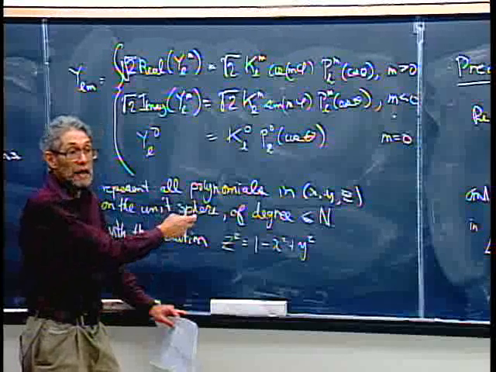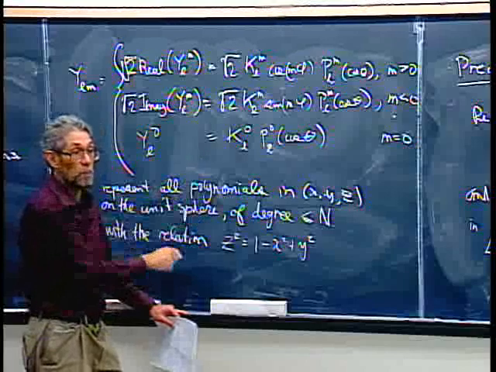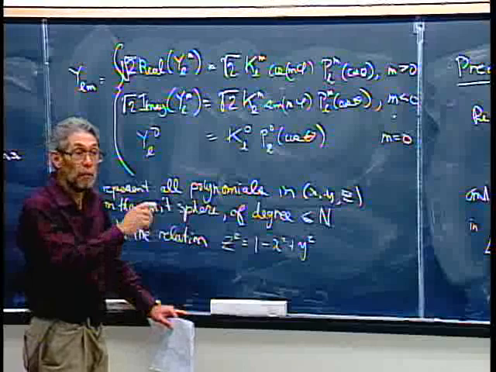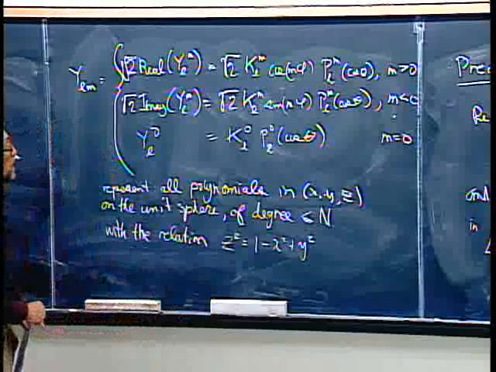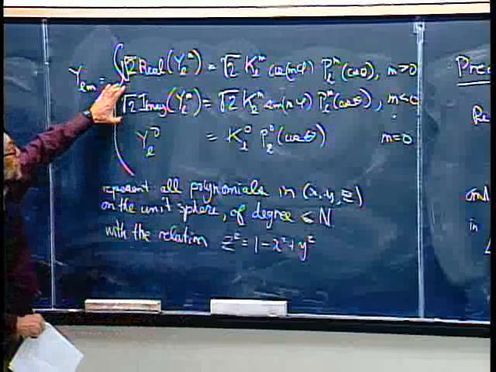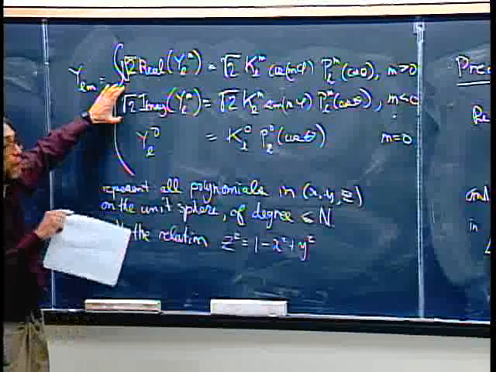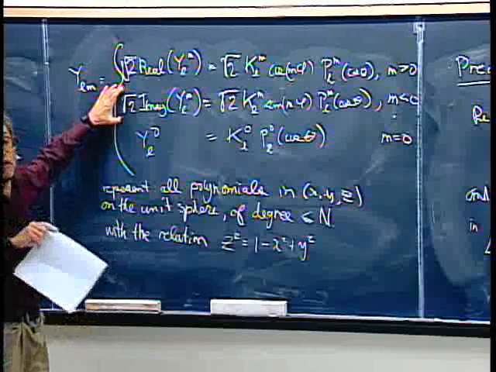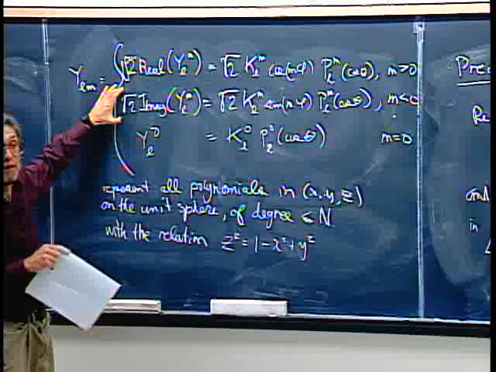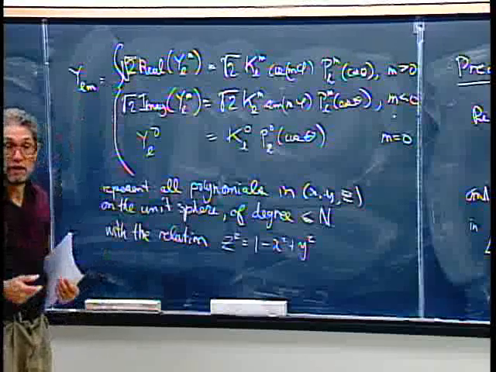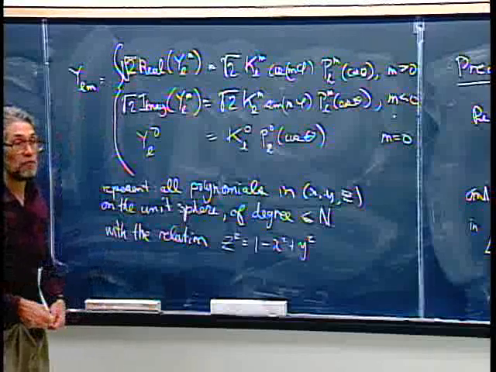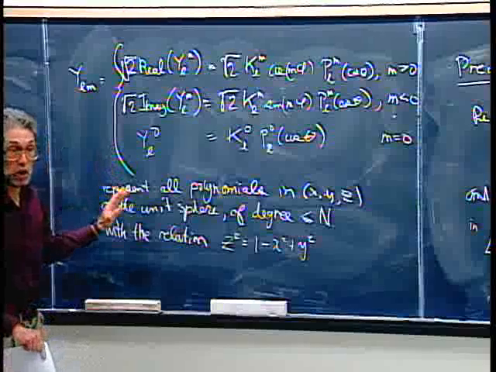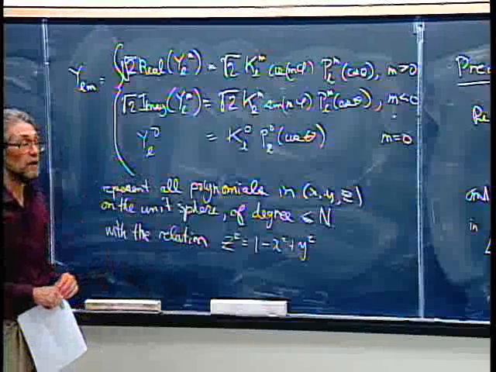And once you do that, if you start counting, there are actually n squared polynomials like that. These are simple polynomials in x, y, and z, but this is the way they're defined, because the power basis of polynomials 1, x, x squared, no, they're not orthogonal. But by reorganizing them, maybe doing Gram-Schmidt or something, you can turn it into an orthonormal set of polynomials, and this is one way of doing it.